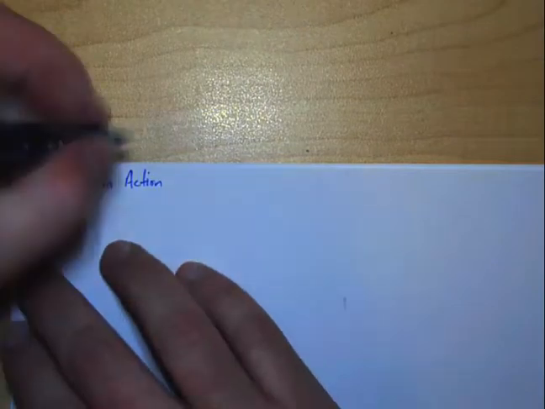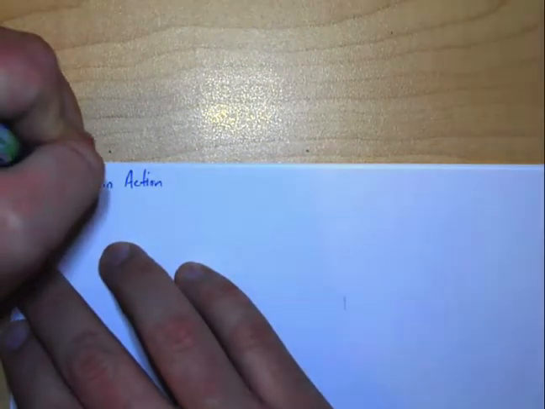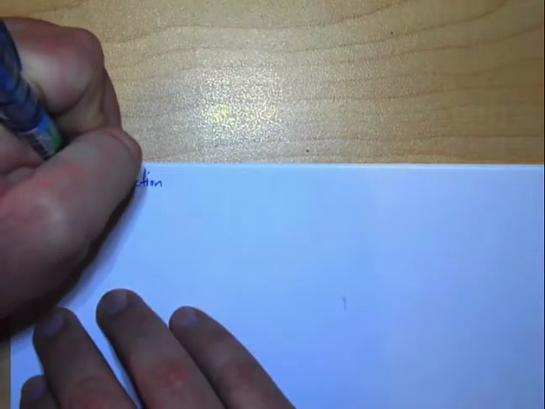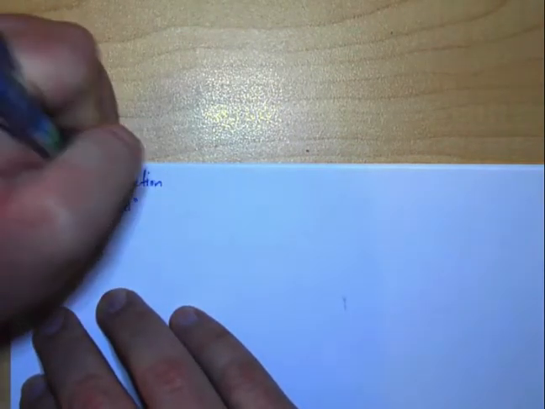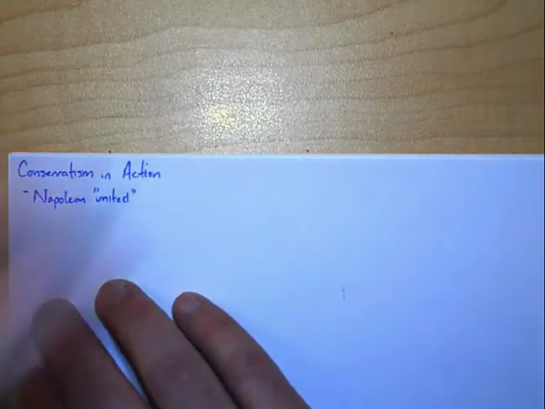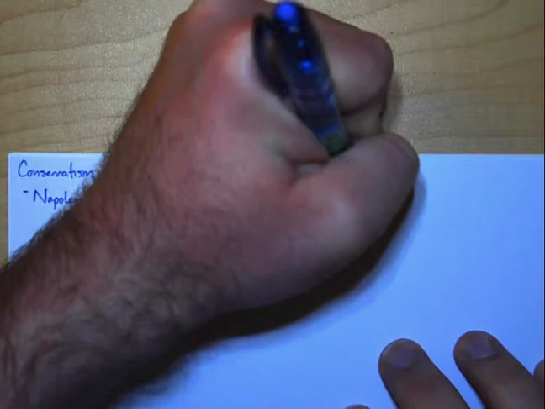So remember that Napoleon kind of forced all the little Germanys into this thing called the Confederation of the Rhine.